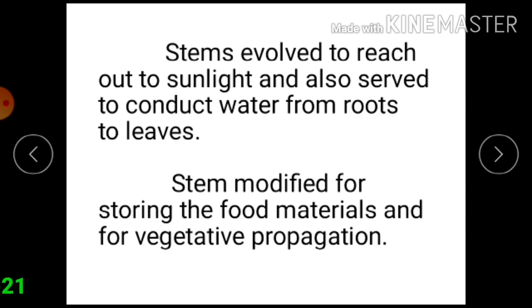In some, stems are modified for storing food materials and for vegetative propagation.